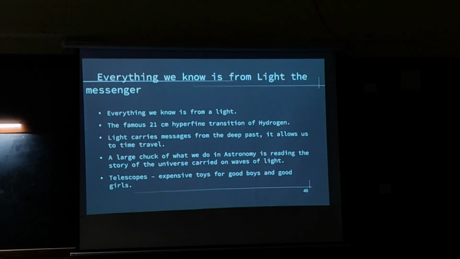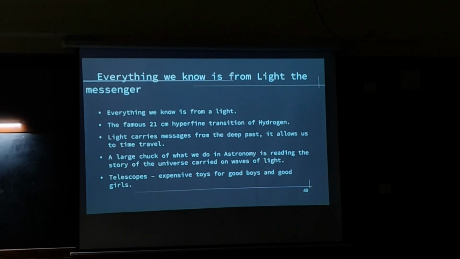There are many methods which I will not go into, but light can give extremely precise measurements. There is this thing called the reionization of the universe. Initially everything was ionized, then cooled down, and again ionized because of starlight. We can measure that using a famous radio line called the 21 centimeter hyperfine transition of hydrogen.